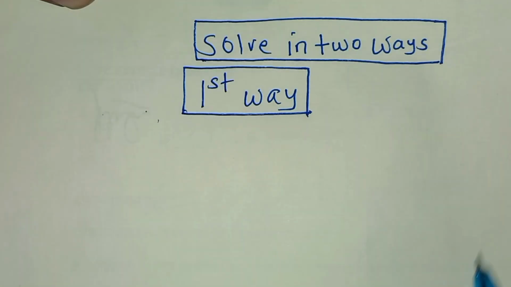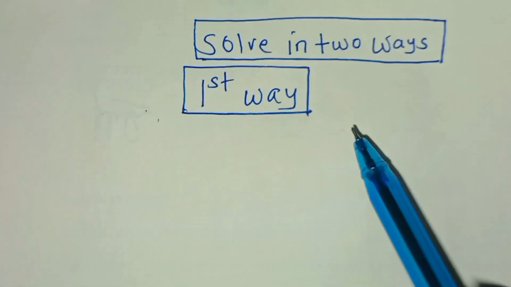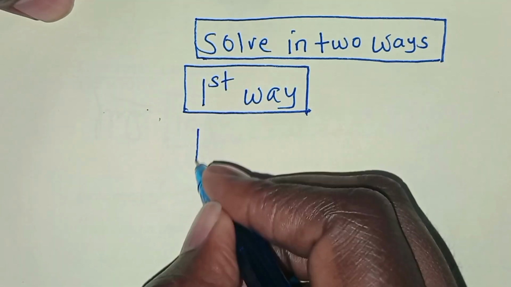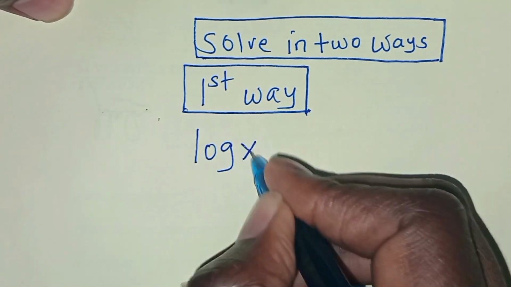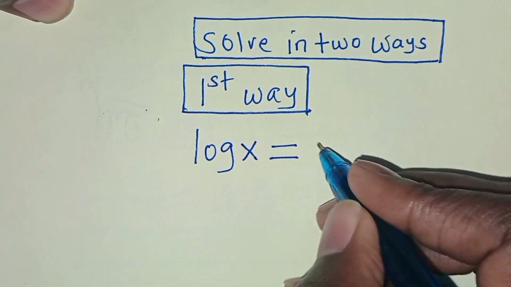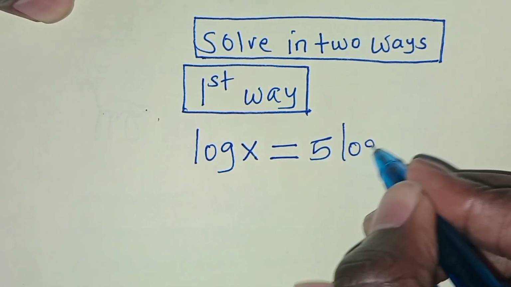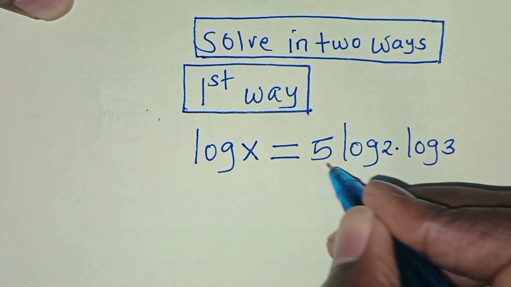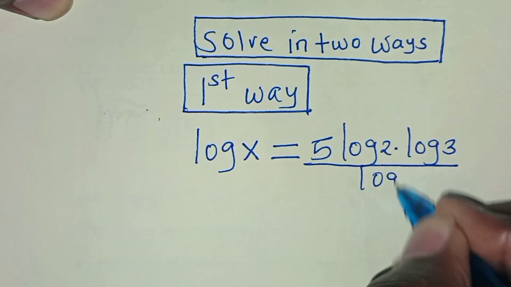So let's proceed. Now we are saying that we can solve this logarithm problem in two ways. Now the first way, we have that log x is equal to 5 log 2 times log 3 divided by log 6.